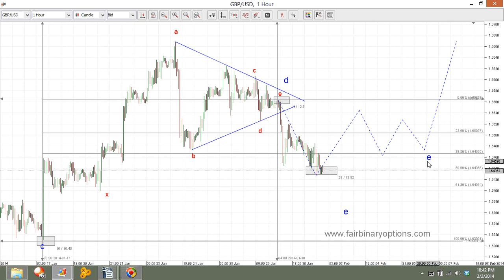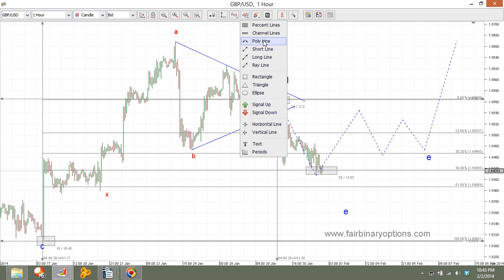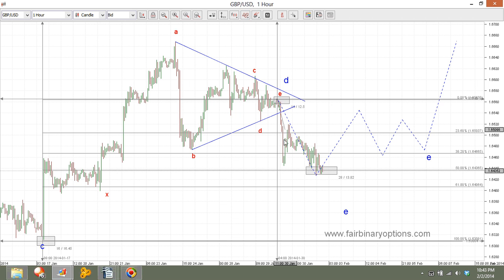The E wave also should be a corrective wave, so it might be wave A here, and then an A, B, C for the B wave, and then another C wave to the downside. In that case would be A, B, C, and most likely will relate, taking another polyline, with A and the B, like this, and the C to the downside to come with the same length as this one.